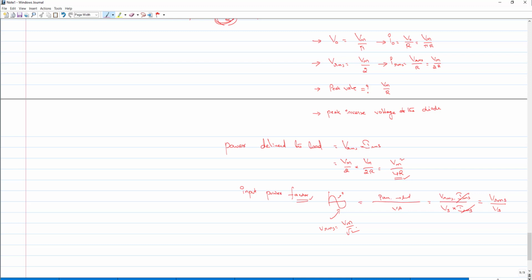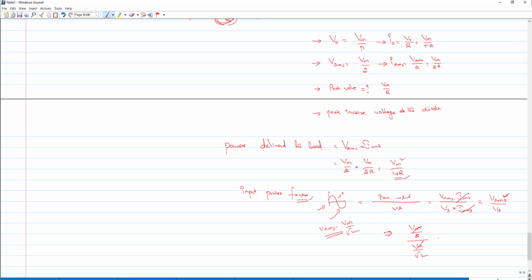Now if I substitute the RMS value for the input and the RMS value for this, the half wave rectifier RMS value is Vm by 2, and the RMS value of the full sinusoidal signal is Vm by root 2.